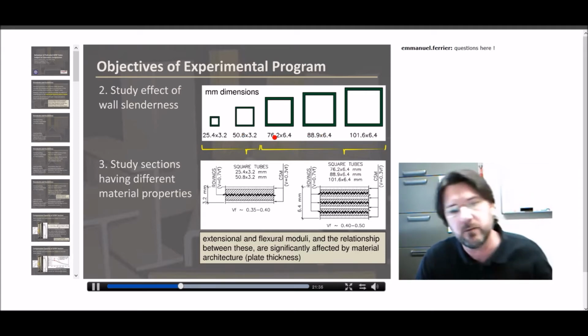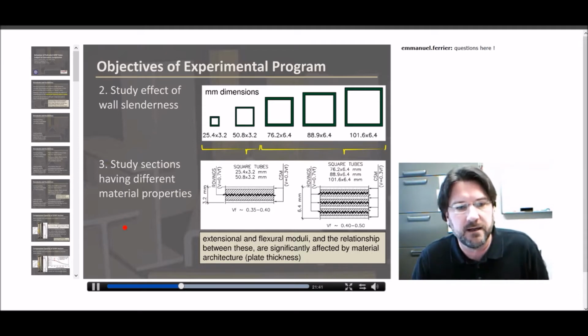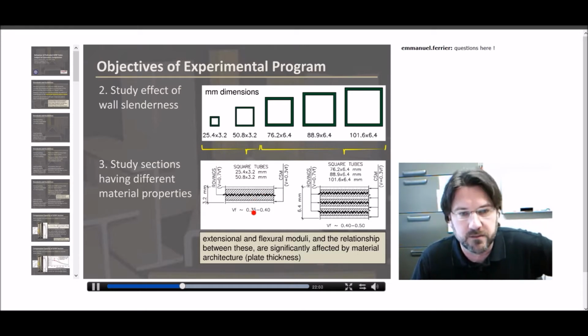And immediately when we're talking about pultruded shapes, the wall thicknesses don't tell us the entire story. We need to recognize also the architecture of these walls. And this is the actual architecture of the walls that we're using in this study. The 3 millimeter walls have a single roving of glass, essentially at their mid-level, and a fiber volume ratio of somewhere around 40% as a result.